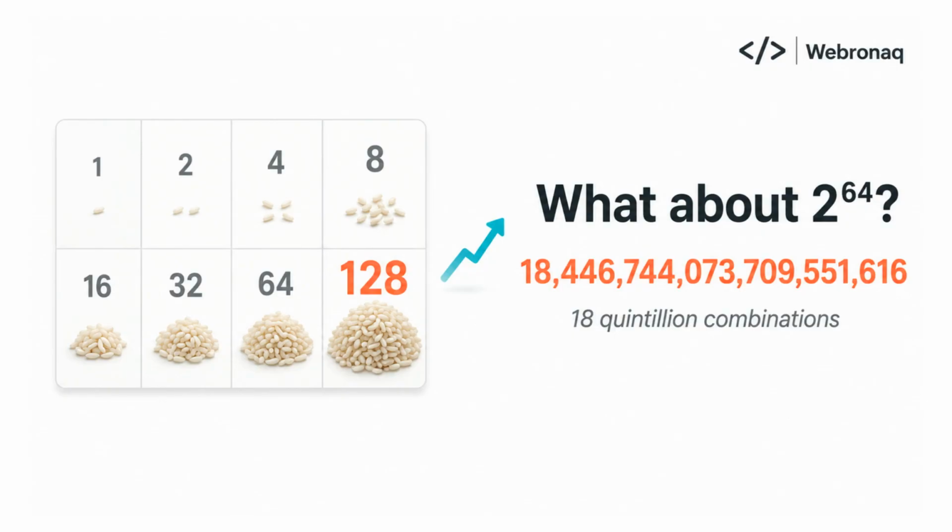That's an 18 followed by 18 zeros. This is exactly why 64-bit systems can handle massive amounts of memory and data. A small jump in n leads to a gigantic jump in the result. This is the real superpower of exponential growth. It starts quiet, then suddenly becomes huge.